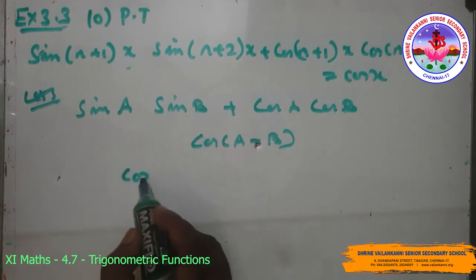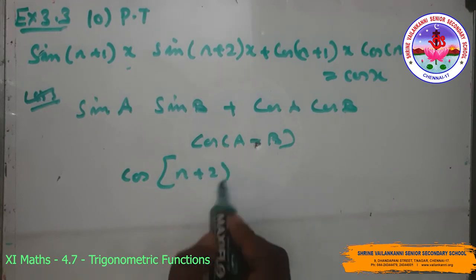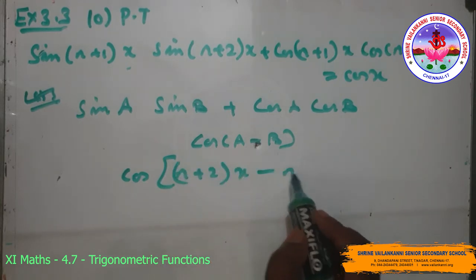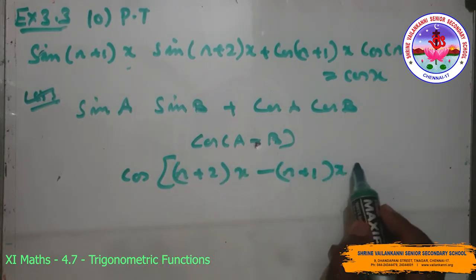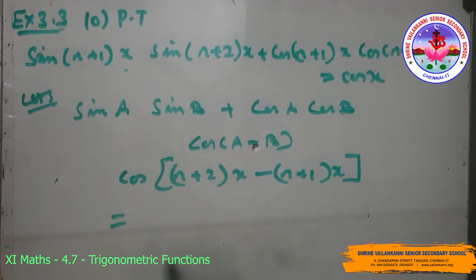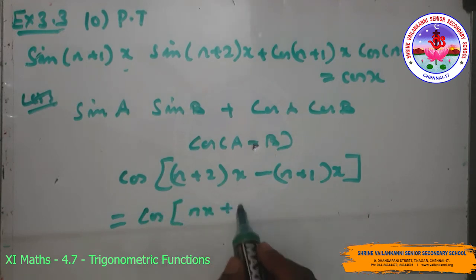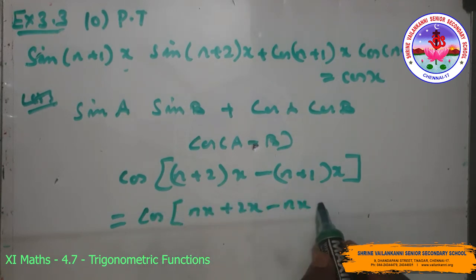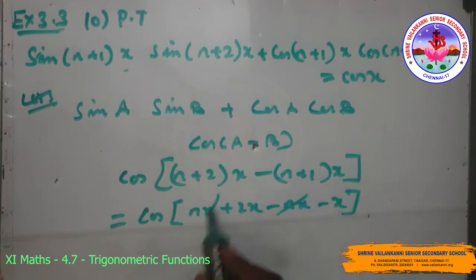So writing this as cos of (n plus 2)x minus (n plus 1)x, which is equal to cos of nx plus 2x minus nx minus x. This will get cancelled, cos of 2x minus x, which is equal to cos x, which is right hand side.